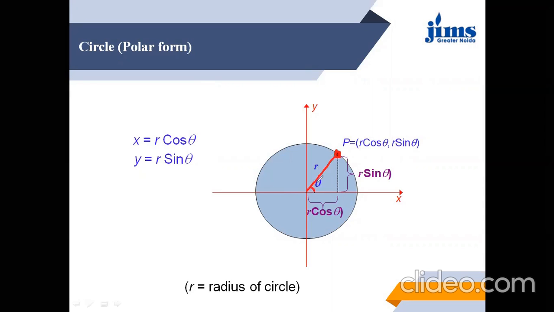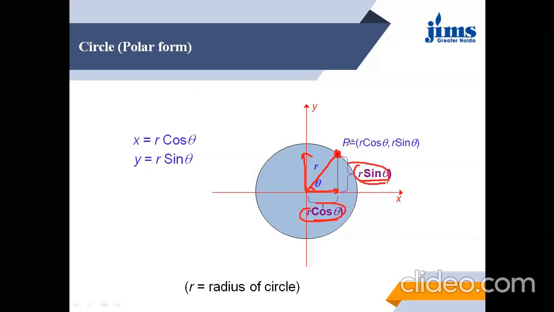When I try to find the distance of this point from the origin along the x-axis and along the y-axis, then by Pythagoras theorem, this is r cos theta and this is r sin theta.